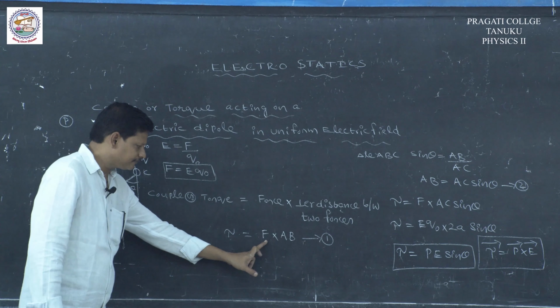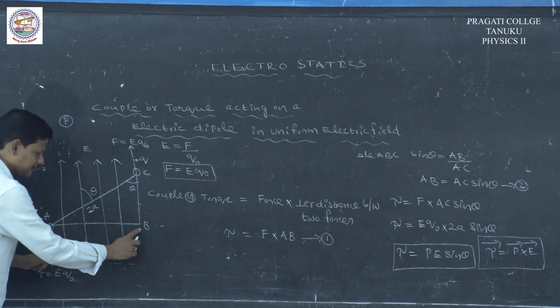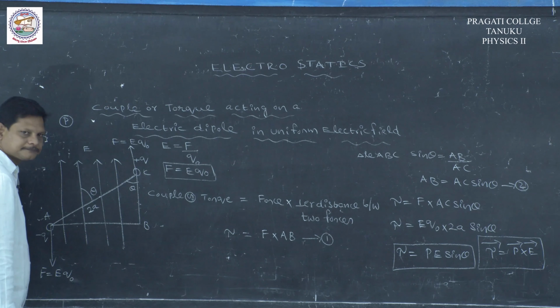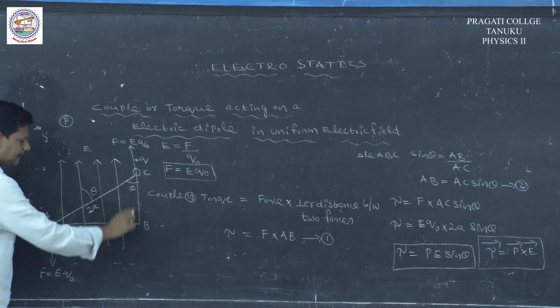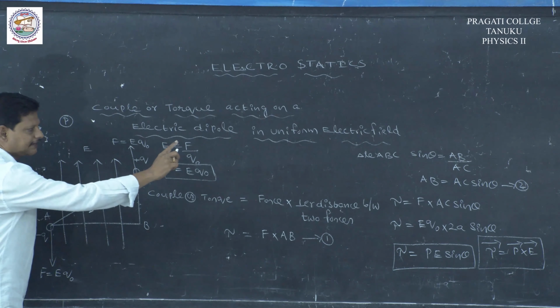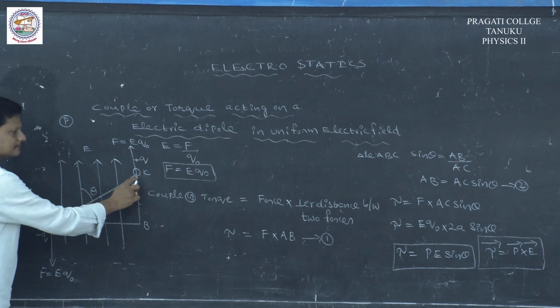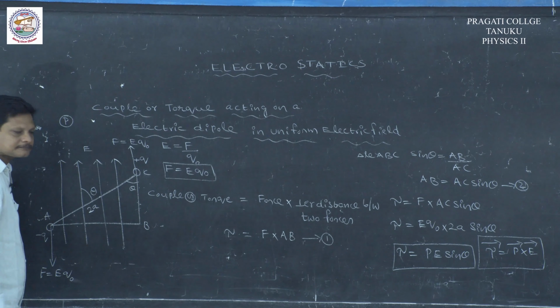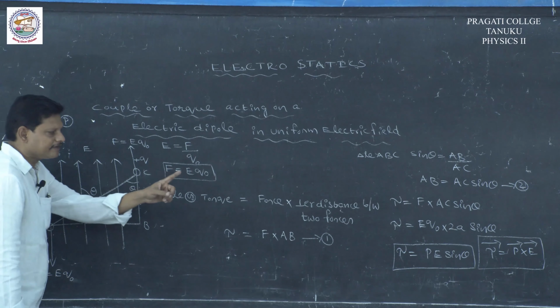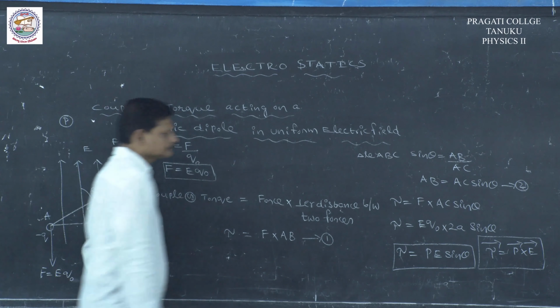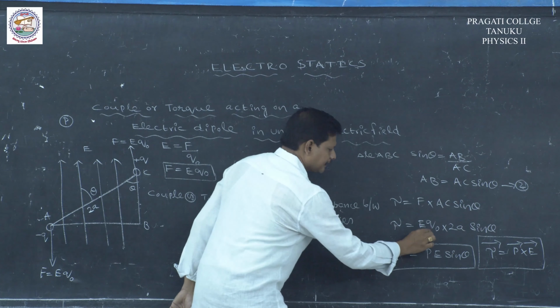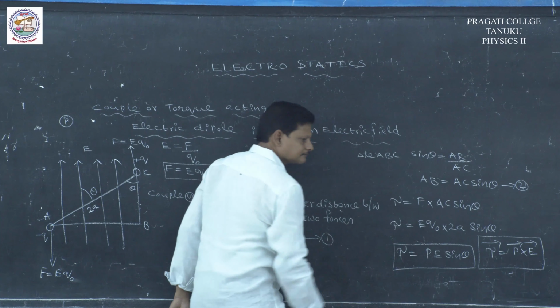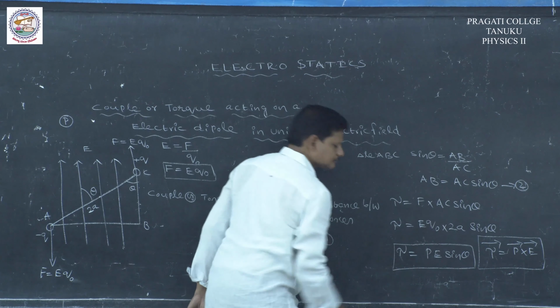So, force F, the perpendicular distance between the two forces is AB. From the right angle triangle ABC, sin theta is equal to AB by AC, so AB is equal to AC sin theta. So tau is equal to F into AC sin theta, with F equal to Eq and AC equal to 2a sin theta.